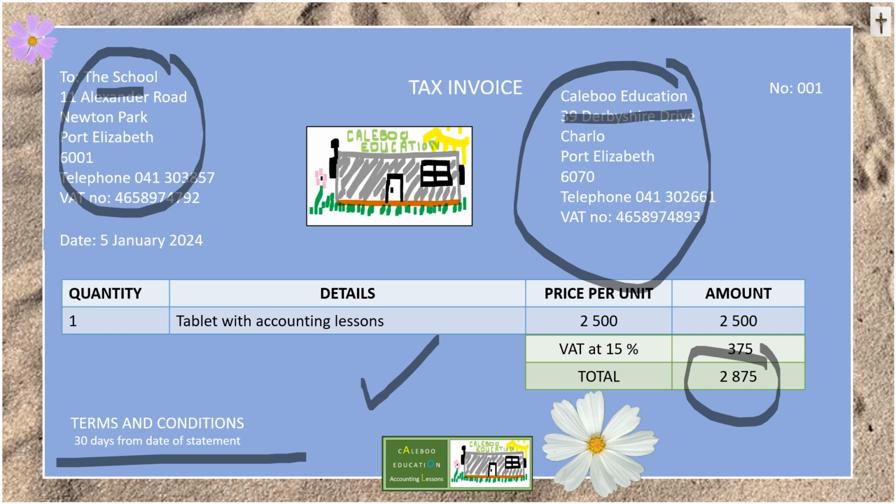So VAT is charged on the tablet that was purchased by the school, and in turn the school could claim input VAT because they're dealing with a VAT vendor. But this is the document that records a credit sale.